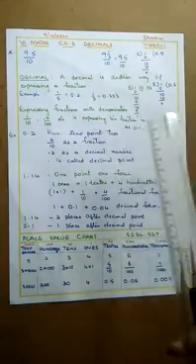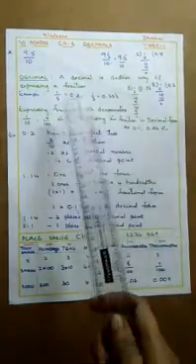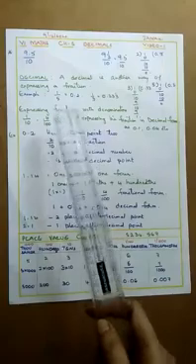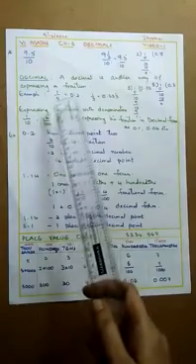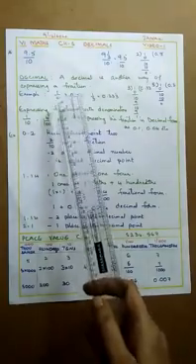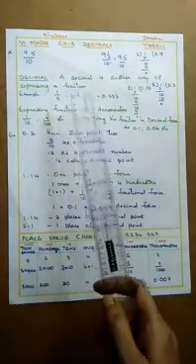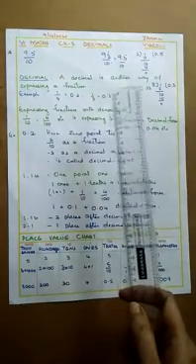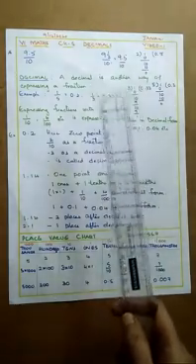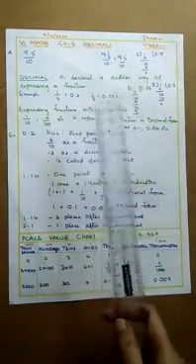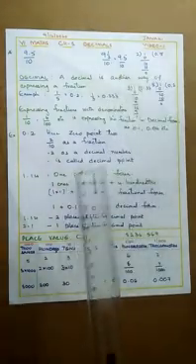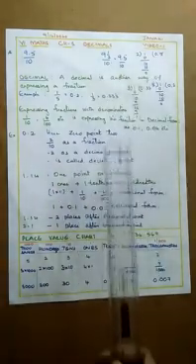So 1 by 5 we have taken, isn't it? If you have 10, 100 or 1000 in the denominator, we call those fractions decimal fractions. What are they? Decimal fractions.